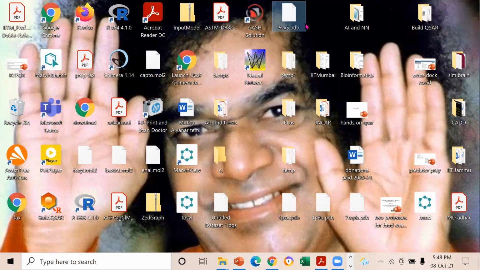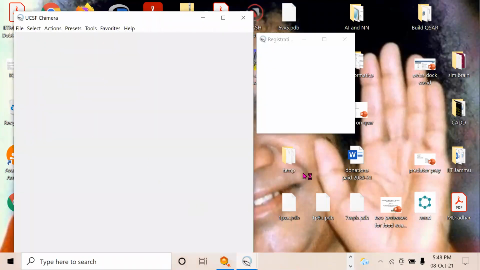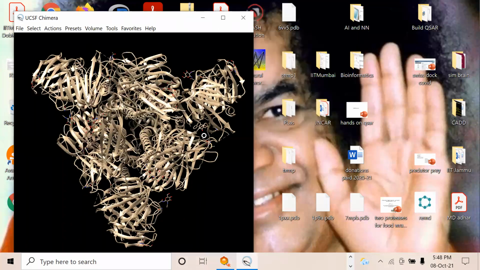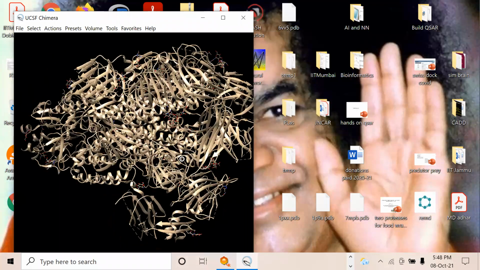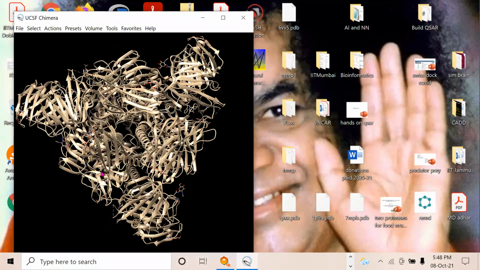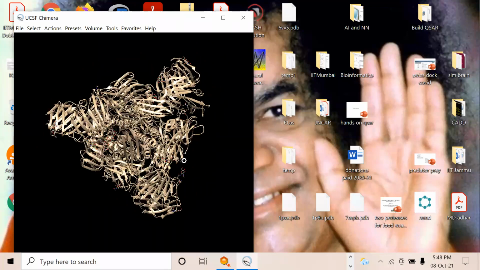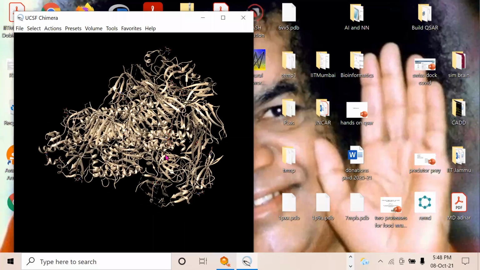This is the protein. There is something called UCSF Chimera. You can get that free. So you got the protein. There's a spike protein. Like I said, it looks like a cloud, with three heads actually. This is free software.